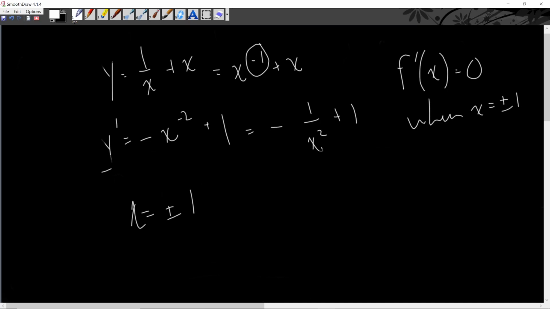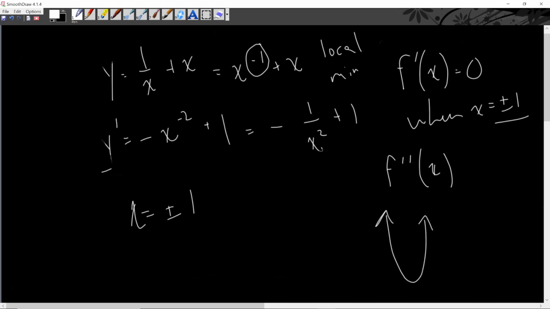Now, if we do the second derivative, because we're trying to find the local minimum, remember local or relative min? If f prime of x is equal to 0, there is a horizontal tangent, then if f double prime is greater than 0, if we have a concave up graph like that, then you will have a minimum right there. So let's do the second derivative really quickly.